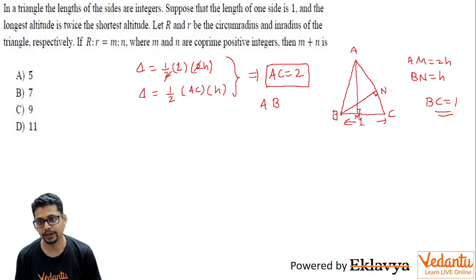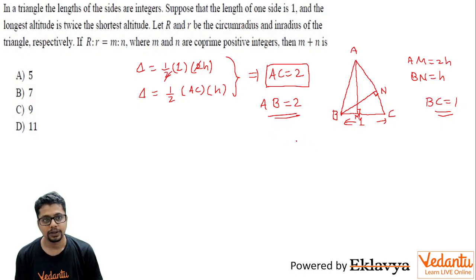Otherwise, if you take AB to be 3, then AC plus BC is 3, which is the same as AB, and if AB is more than 3, then again the triangle will not be possible. So AB has to be 2 only.